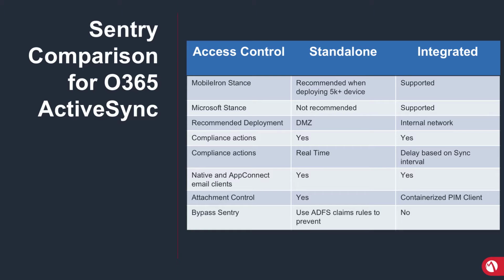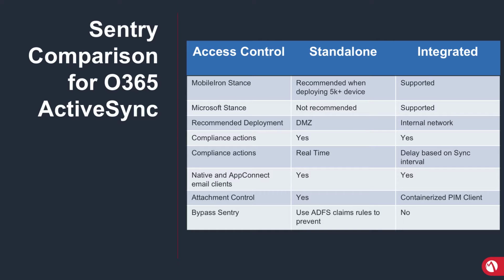That being said, we have a great deal of customers that use this and are successful with it, no issues. The integrated Sentry isn't standing in line, so there aren't any issues there. We're just sending PowerShell commands. This is going to be installed on a Windows box, and Dan will talk about this a little bit more in just a few slides. In terms of deployment, your standalone Sentry goes in the DMZ, and the integrated Sentry is typically going to sit on the internal network on your Windows box.